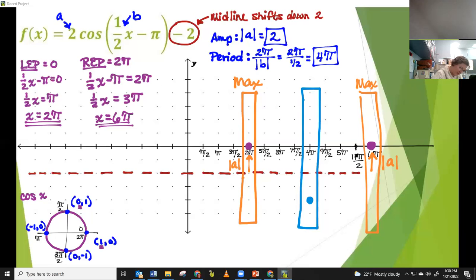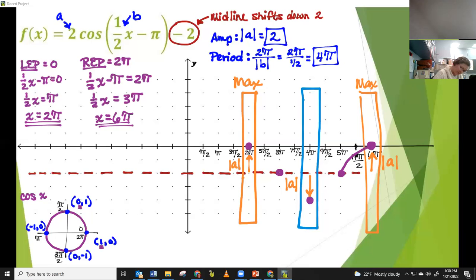2 units away, whatever A is, below my midline. And halfway in between a maximum and a minimum, I am going to cross that midline. So right here at 3 pi, and then again at 5 pi, so that I can see my wave here.